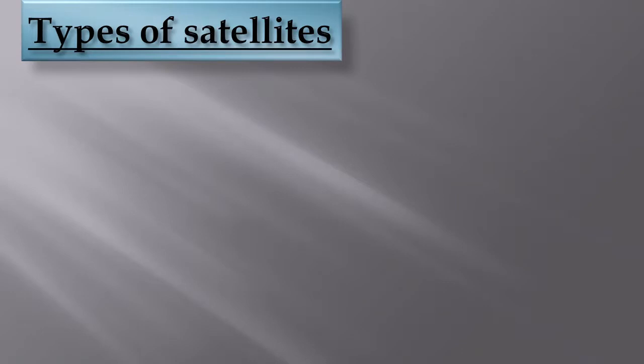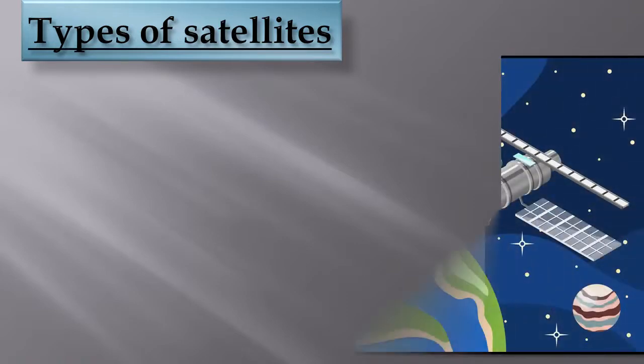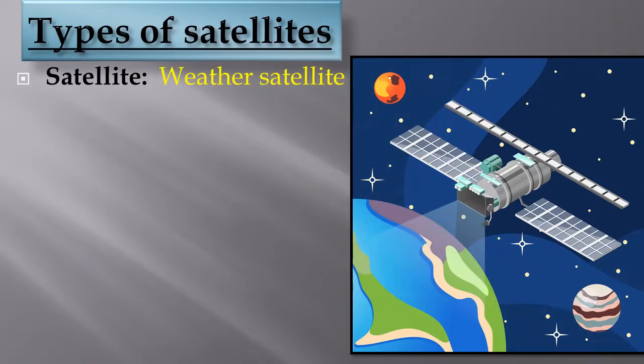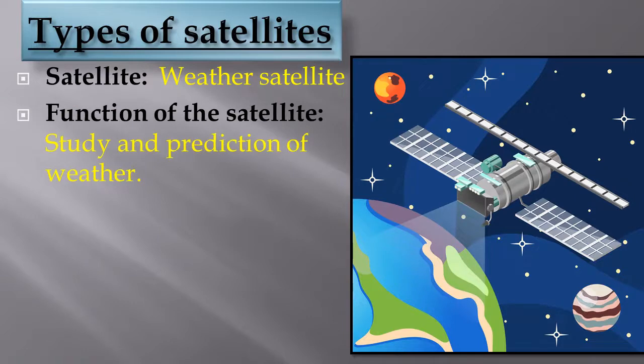Alright, now let's see the types of satellites. Depending on their function, satellites are classified into different categories. Now let's see one by one. Here we have the first type of satellite, that is the weather satellite, and the function of the weather satellite is to study and predict the weather, future weather.